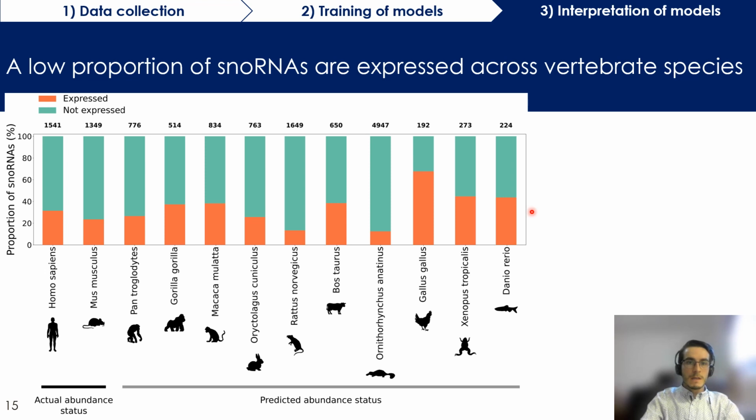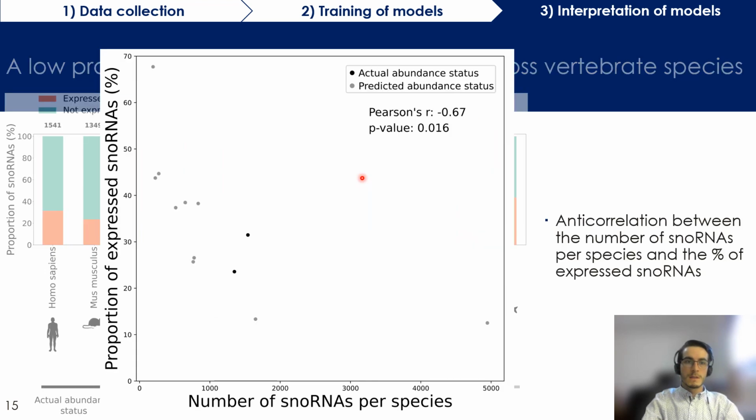Interestingly, on top here we have the number of snoRNAs annotated in these genomes. When we plot this data as a scatter plot, we can see a nice anti-correlation between the number of snoRNAs per species and the proportion of expressed snoRNAs in that species, with the chicken and platypus being the two opposites here.